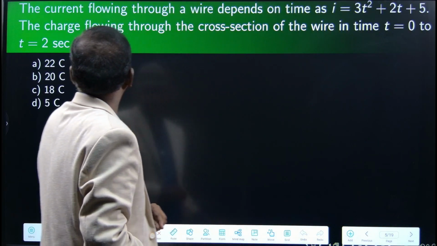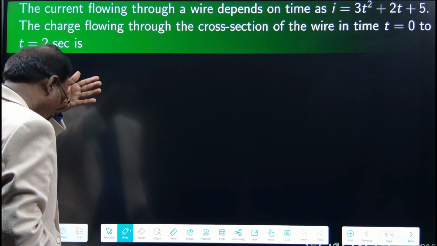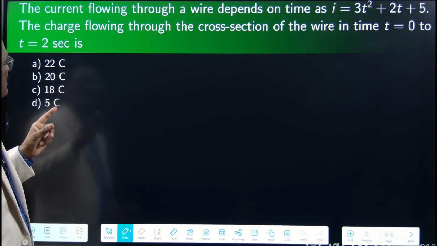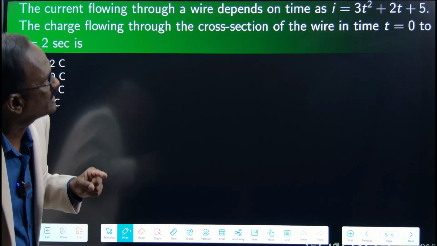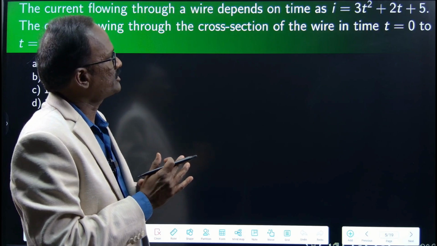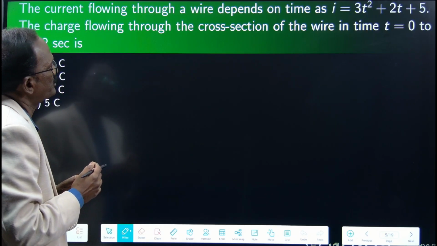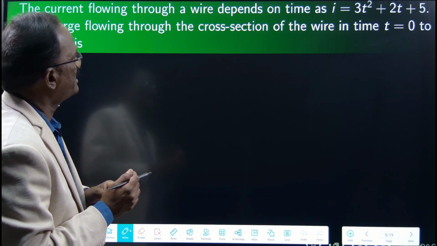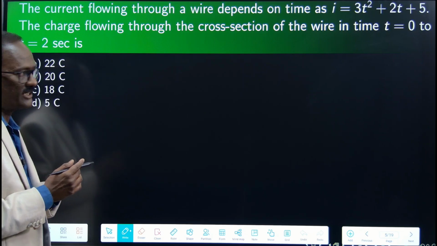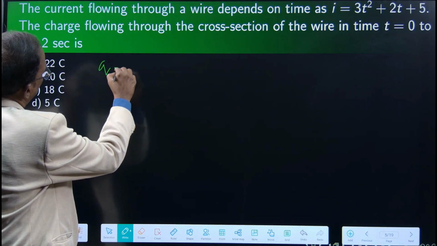So I am going to the second problem. The current flowing through a wire depends on time as I is equal to 3t square plus 2t plus 5. The charge flowing through the cross section of the wire in time t is equal to 0 to t is equal to 2 seconds. Q is asked.